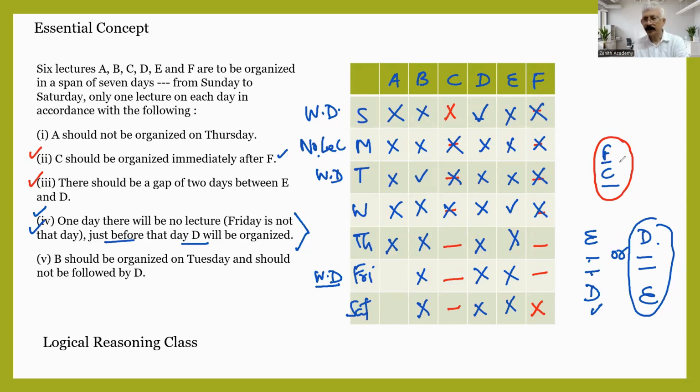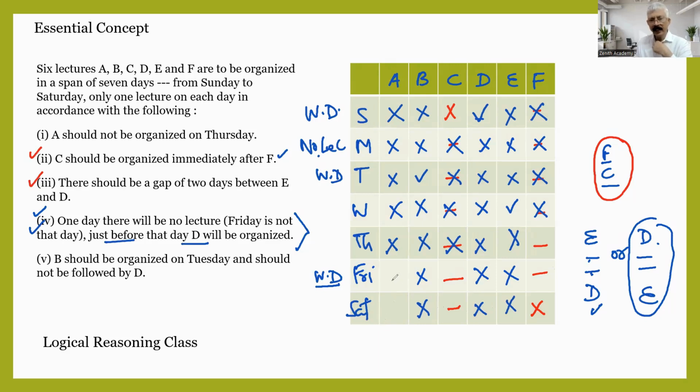Now what about F and C? F then C. F is not possible here, so C is not possible here also. Now F is on Thursday, then C is on Friday. F on Friday, then C is on Saturday. Right? Now see here. Lecture A possibility is only for the Friday or Saturday.